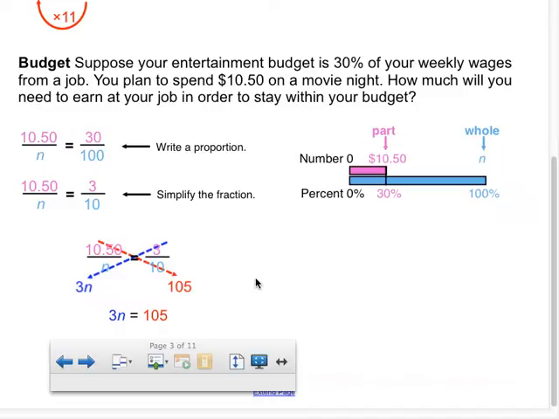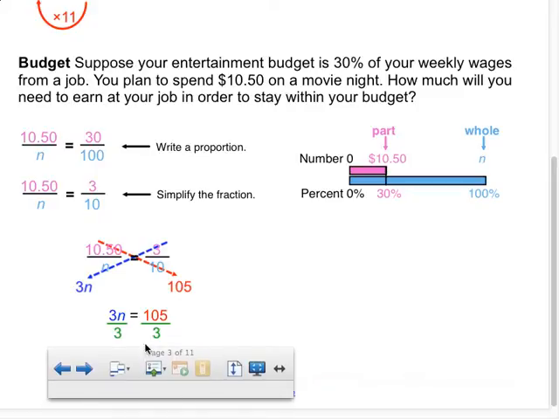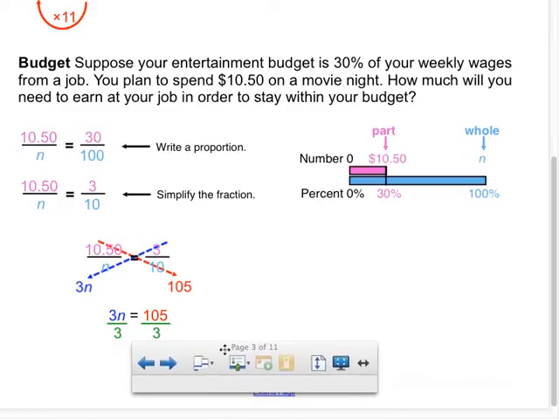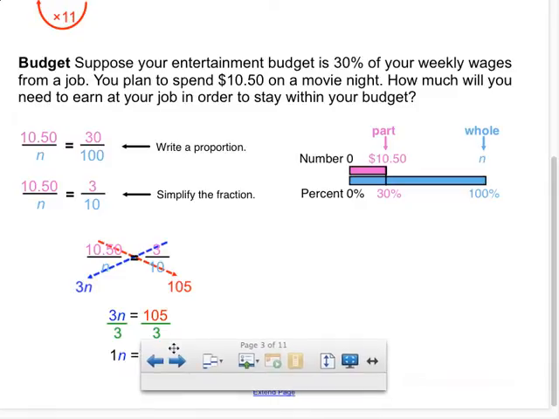How do I solve for n? Divide by what? We're going to divide both sides by 3. Very good. Okay. And then what happens to 3 divided by 3? What does that become? Becomes 1. And then hopefully you can tell me, what is 105 divided by 3? Can you figure that out?